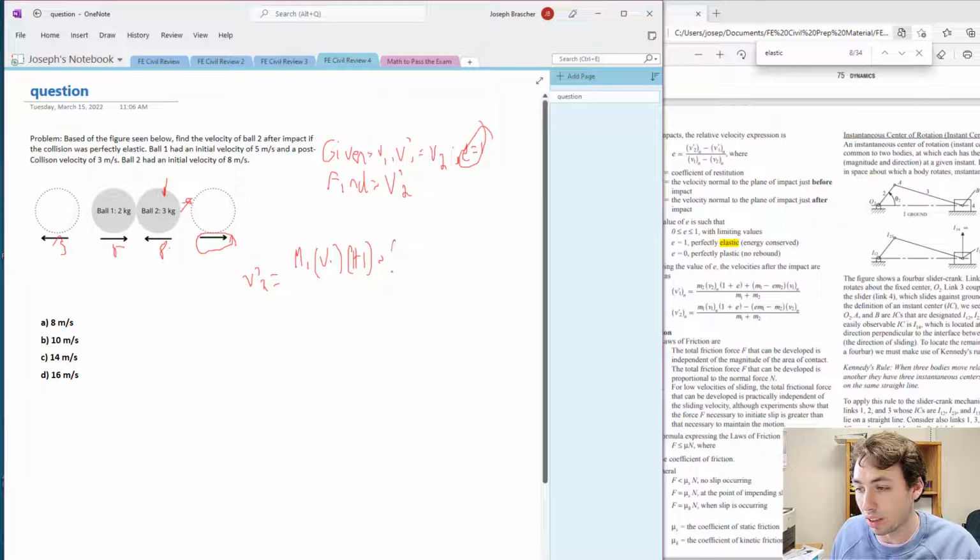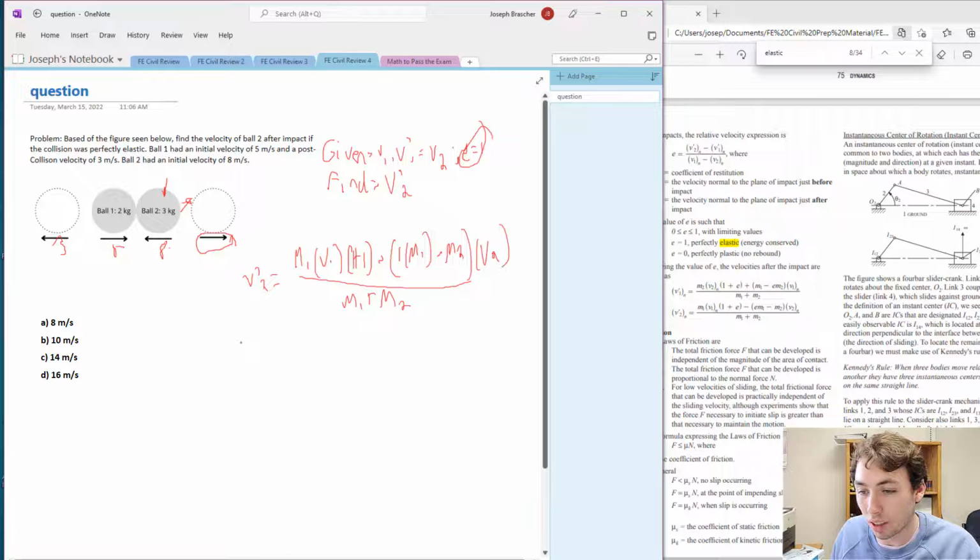I'll fill in the rest of the values. Then we're going to have E times M1 minus M2 times V2's initial velocity. That's all going to be over the mass of both balls. So we have M1 plus M2 here.